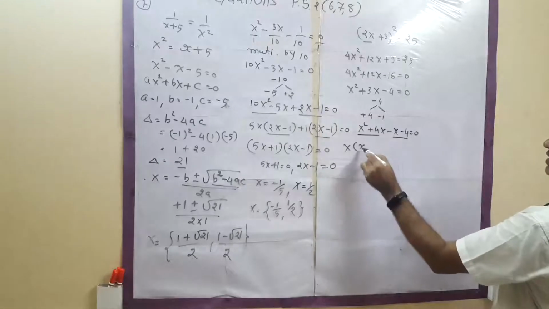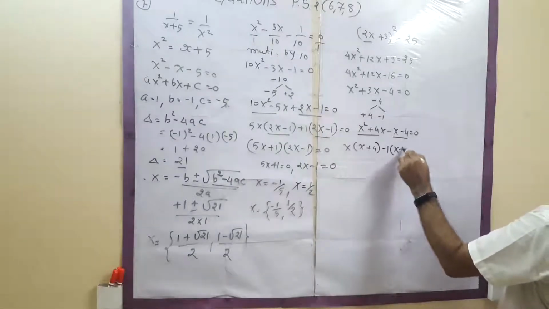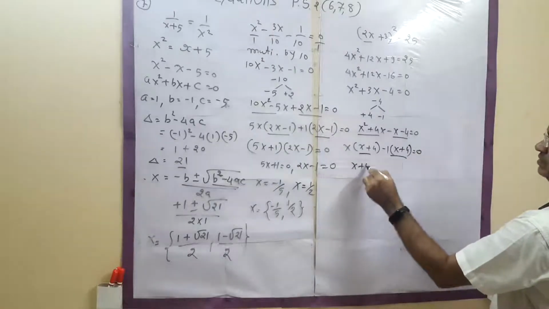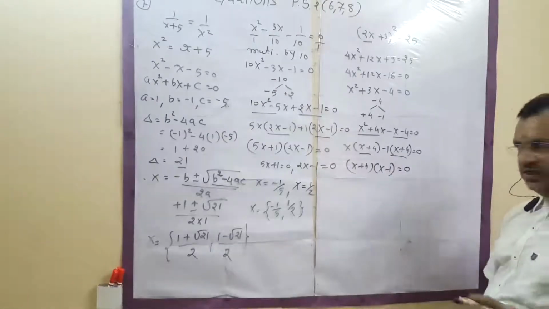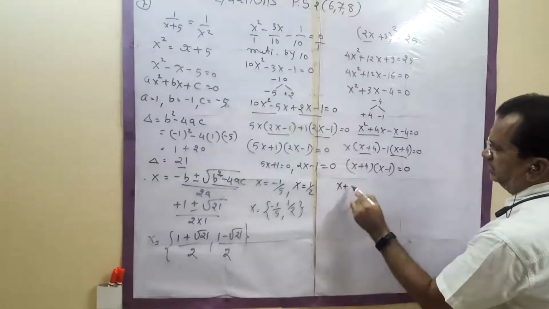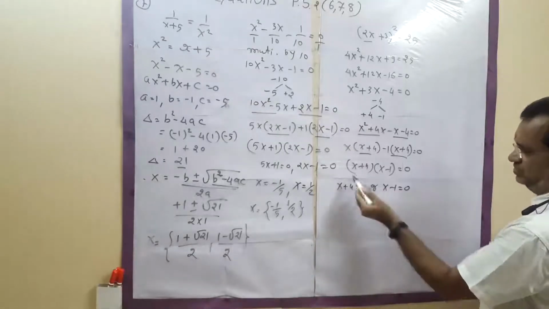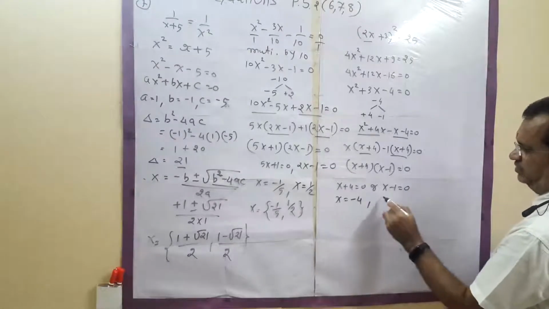Only x plus 4, correct. So x plus 4 is equal to 0 or x minus 1 is equal to 0. So x is equal to this side, so minus 4.